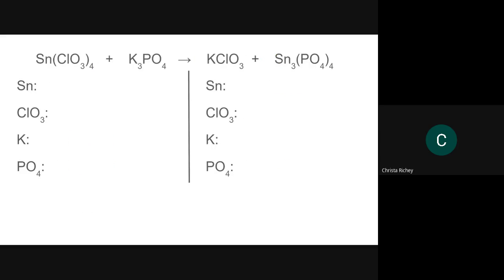Now, if I show you the way that I do it, this is how my brain processes this. I have 1 and I have 3. What would I normally put here? By 3, which means I have 3 times 4, which is how many chlorates? 3 times 4 is 12.